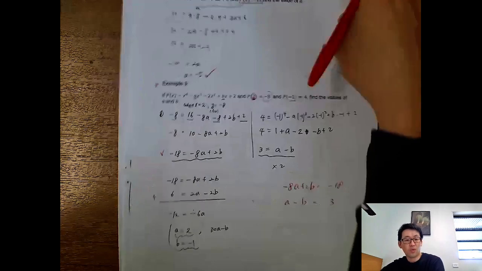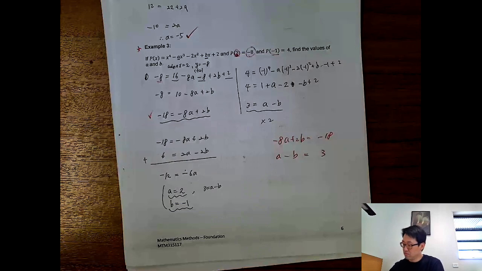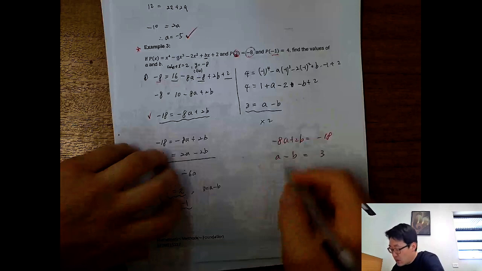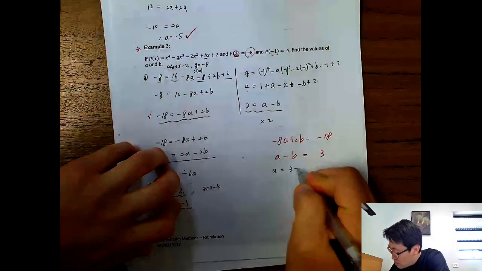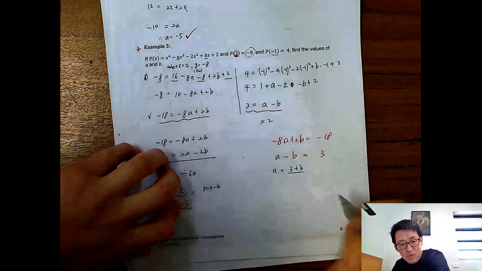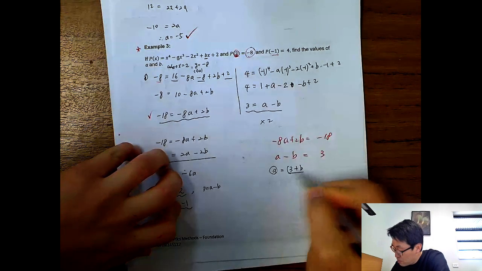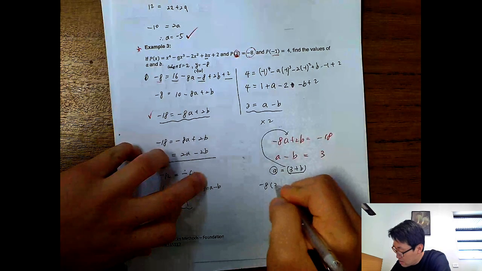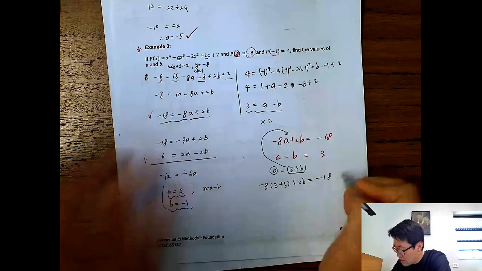We've done it before from linear. What do I need to do? You can substitute, which makes a equals 3 plus b, isn't it? Then I can put 3 plus b into a in minus 8, 3 plus b plus 2b equals minus 18.